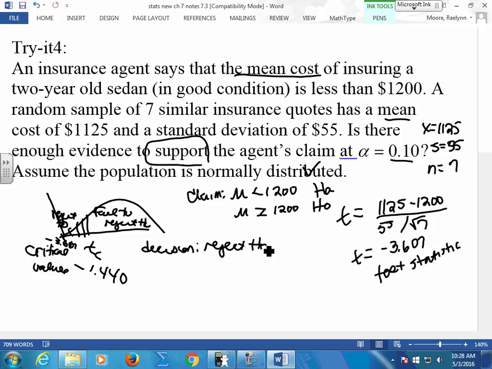We know because we're going to use the support words. If we reject the H sub 0, do we like the claim? Yeah. Are we supporting the claim? Yeah. So when we reject this, there's sufficient evidence to support the claim that the mean cost of insuring this 2-year-old sedan is less than $1,200. We can put it all together like that. Okay, so that's from start to finish. Okay, not so bad.